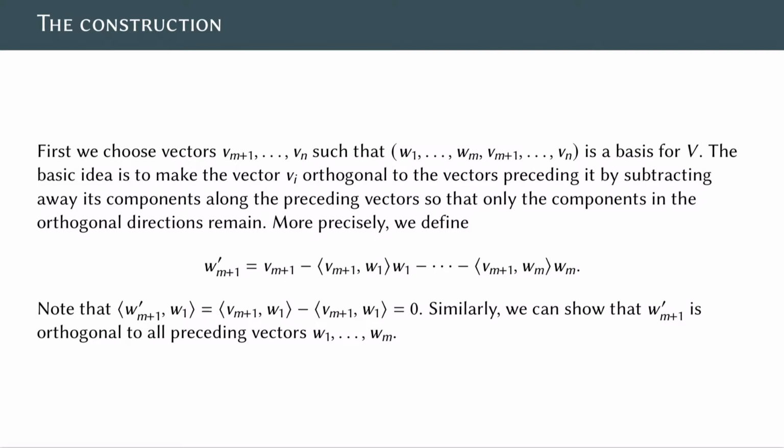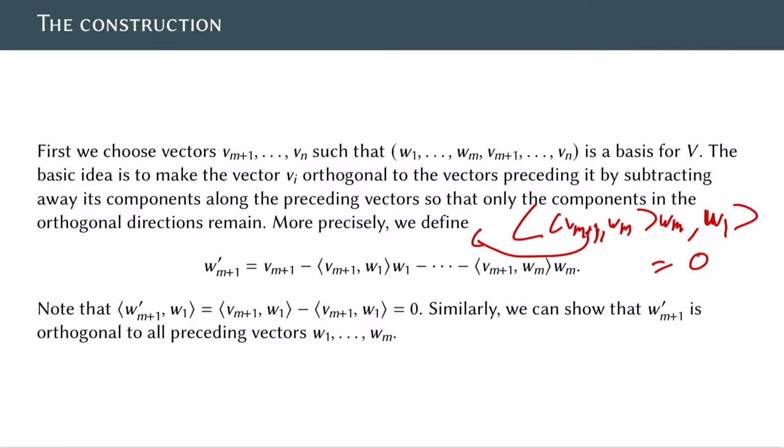Well, take for instance the final term, the inner product of Vm plus 1 and Wm times Wm. When you take the inner product with W1, the scalar comes out and you are left with the inner product of Wm and W1, which is 0 because W1 to Wm is an orthonormal set.